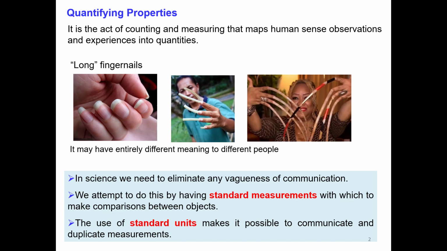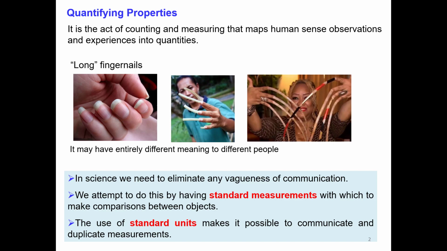In science, we need to eliminate that, because in science we need to eliminate any weakness of communication. This is why in science we need standard measurements. Standard measurements allow us to make comparisons between objects. And if we have standard measurements, we need standard units.